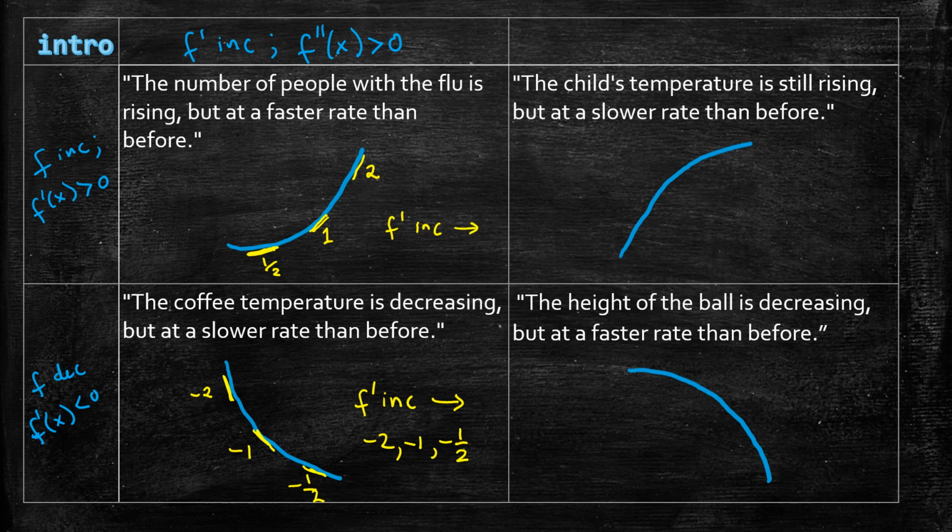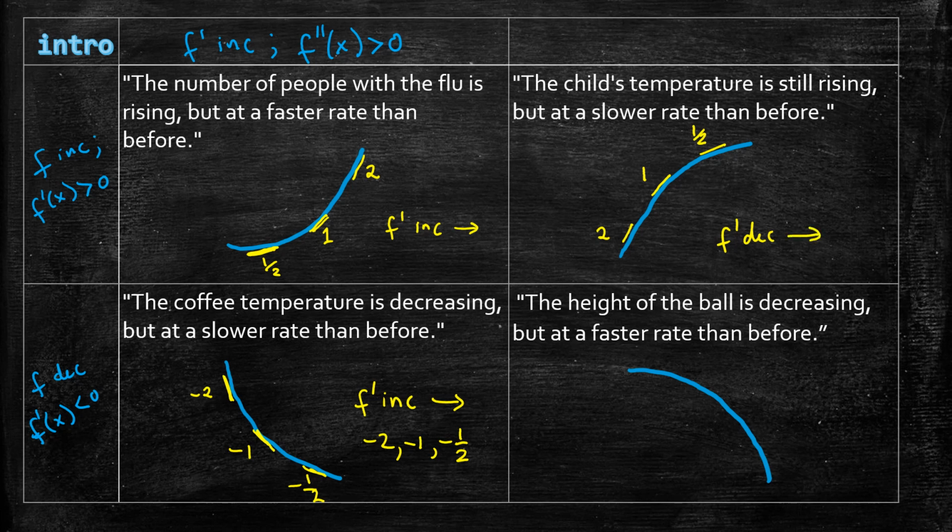Similarly, let's look at the right-hand column, and let's make some approximations. What's happening to f prime here? So why is it slowing down the rate? Well, the slope here looks like it's about 2, approximately 1, approximately half. Clearly, the value of f prime is decreasing as we move from left to right.